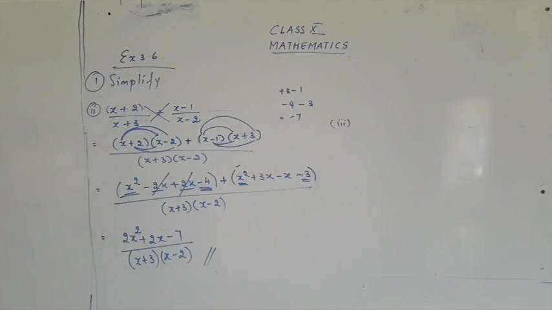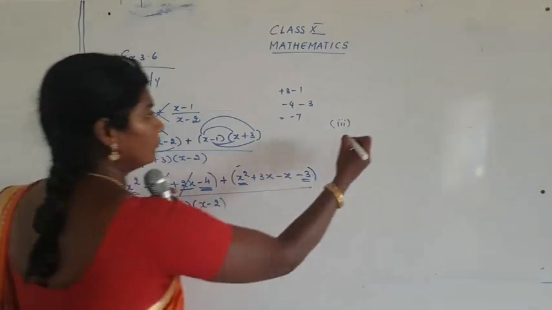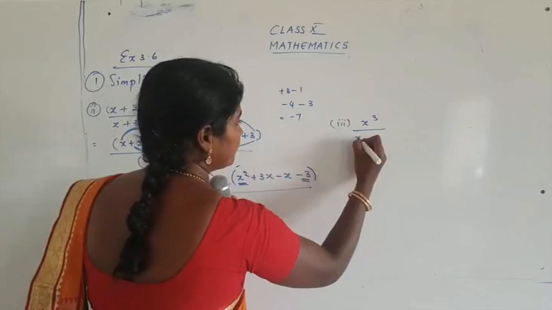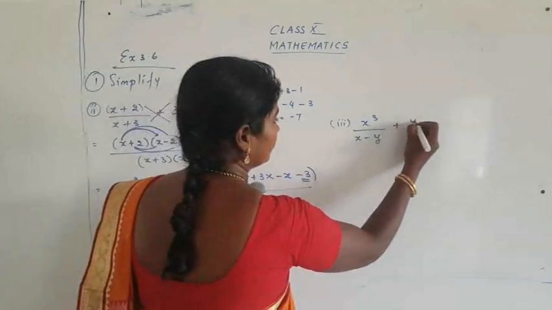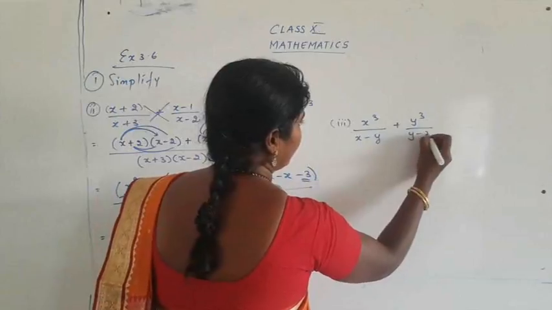x cube upon (x-y) plus y cube upon (y-x).